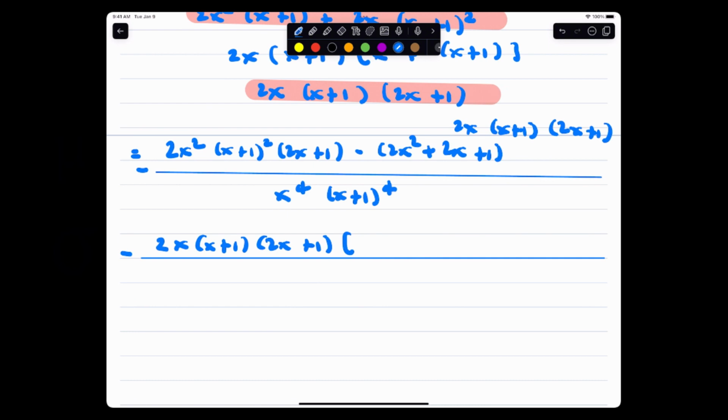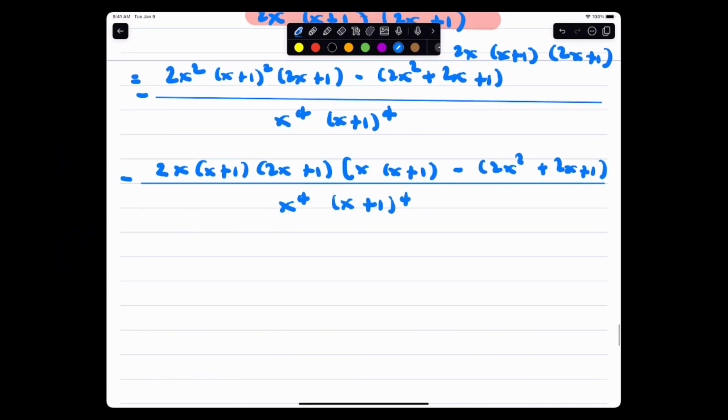And now it looks like we'll have, we factor that out, 2x squared, I want to double check, (x plus 1), (2x plus 1). Okay. x plus 1 minus 2x minus this what? 2x squared plus 2x plus 1 over x to the 4th, (x plus 1) to the 4th.